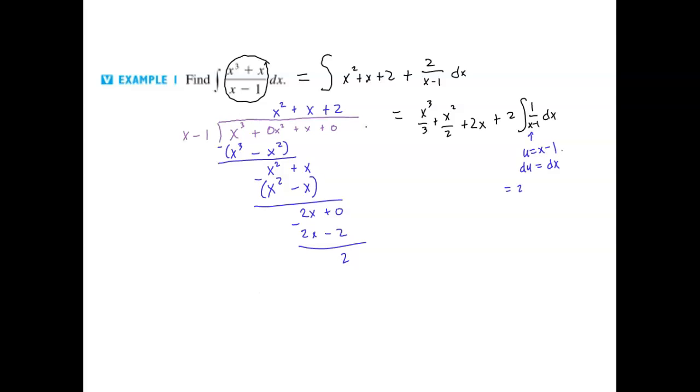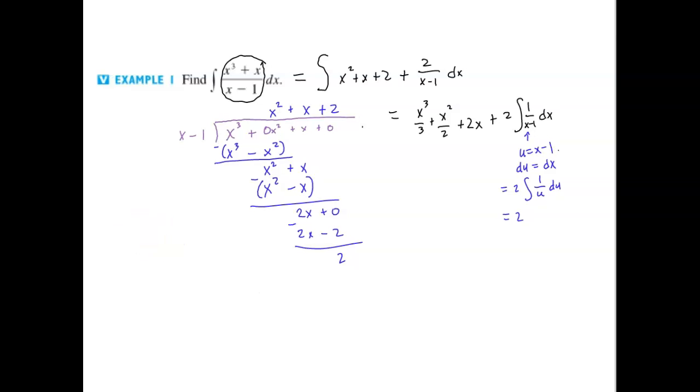So I have 2 times 1 over u du. What's the antiderivative of 1 over u? Anybody chat?